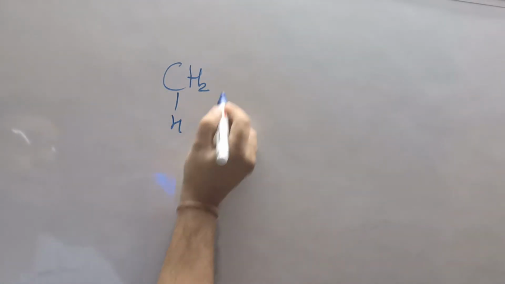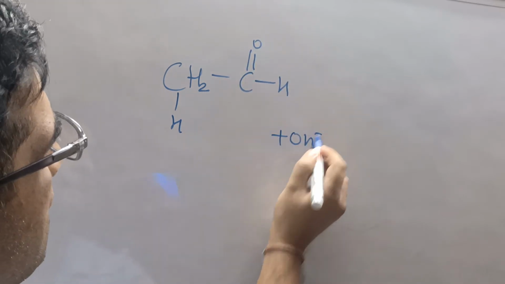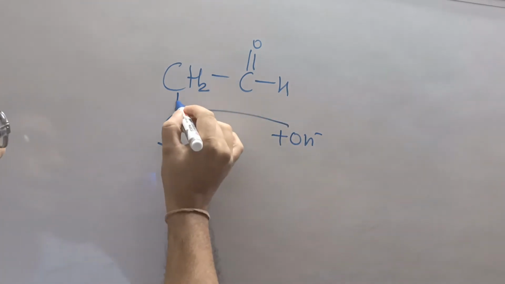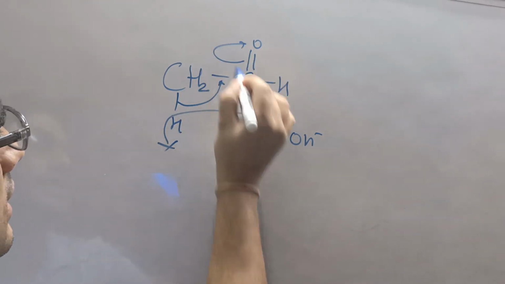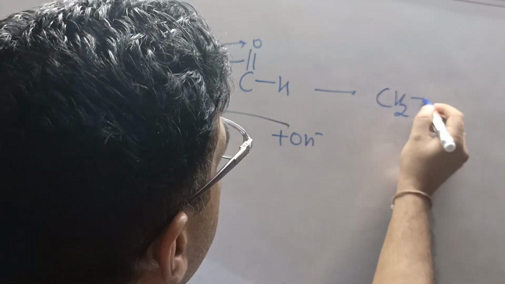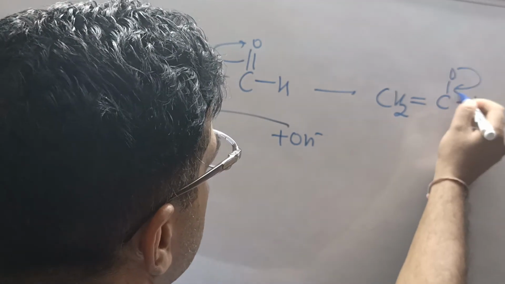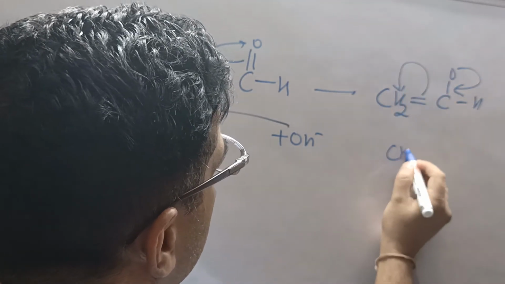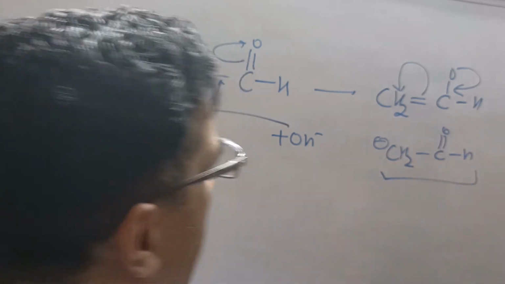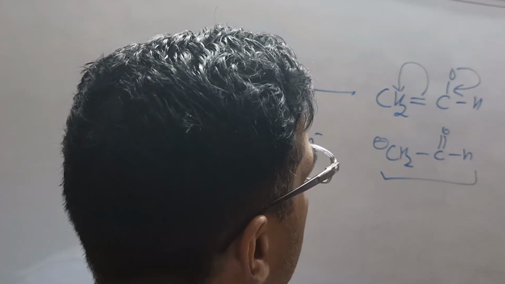Okay. Now let us see the mechanism of this reaction, how this reaction proceeds. I can write acetaldehyde like this. In the presence of base, this H goes and the electron density shifts like this. This electron density shifts and we get this species. Again, electron density comes back here to generate this negatively charged ion. This is called enolate ion.